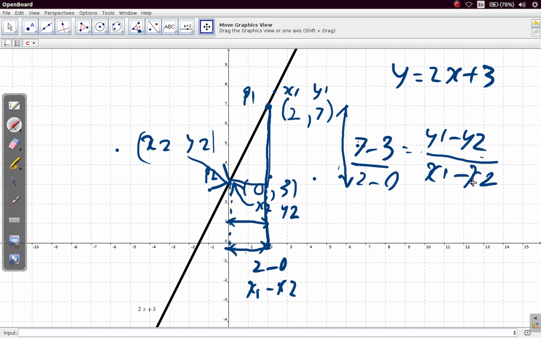So basically we have a formula here. y1 minus y2 over x1 minus x2 will give the gradient, because y1 minus y2 is the difference in the y's, the difference in the height, which is the rise, and x1 minus x2 is the run.